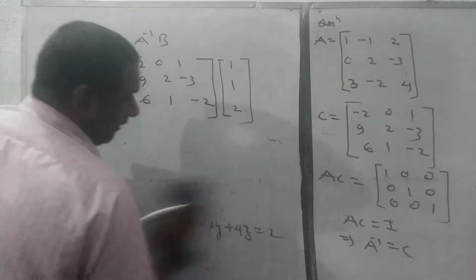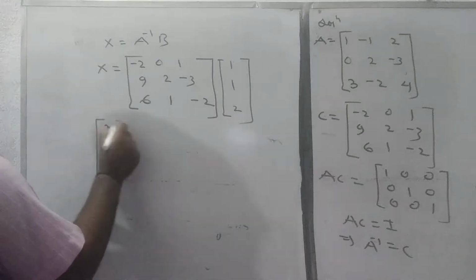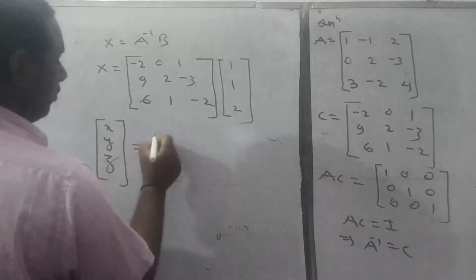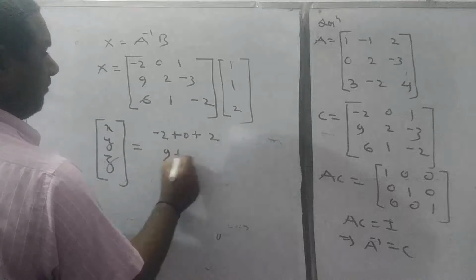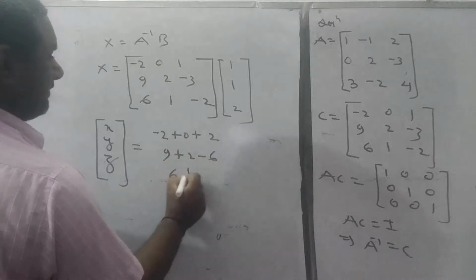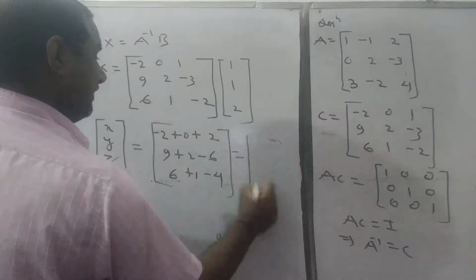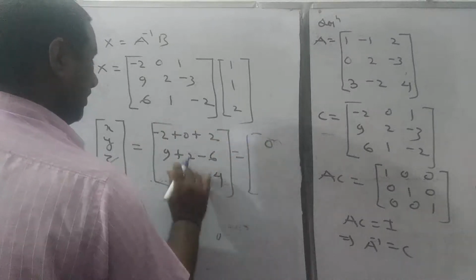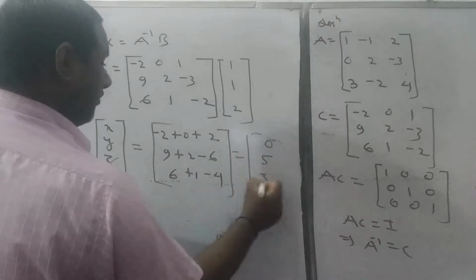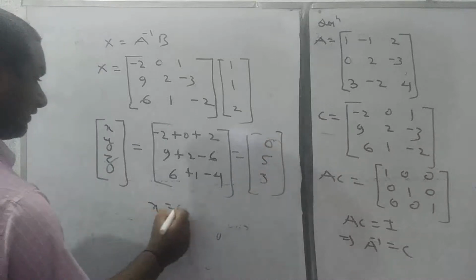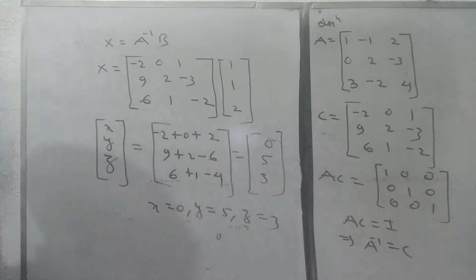Just perform the multiplication and you can get the values of x, y, z. This is equal to minus 2 plus 0 plus 2, 9 plus 2 minus 6, 6 plus 1 minus 4, which is equal to 0, 5, 3. So x is equal to 0, y is equal to 5, z is equal to 3.